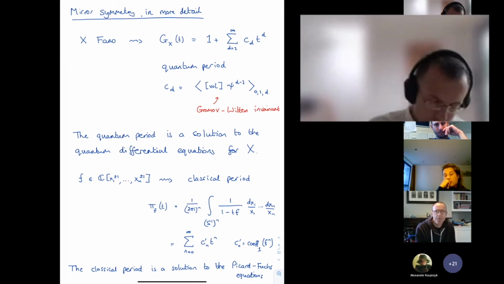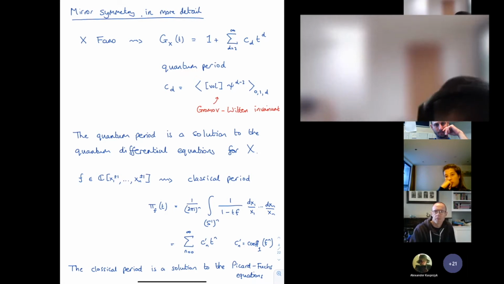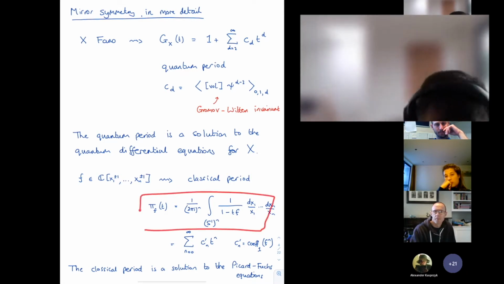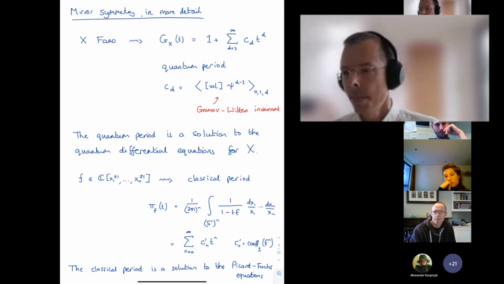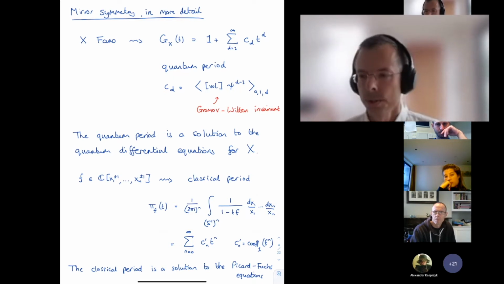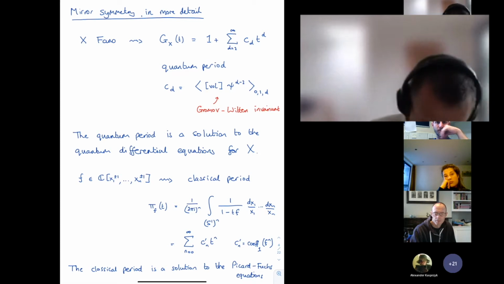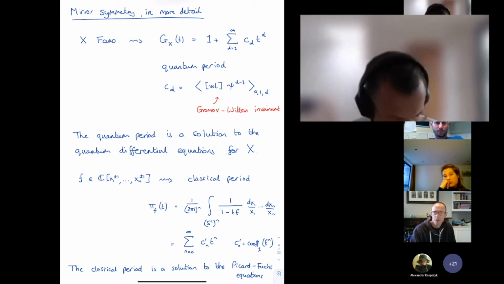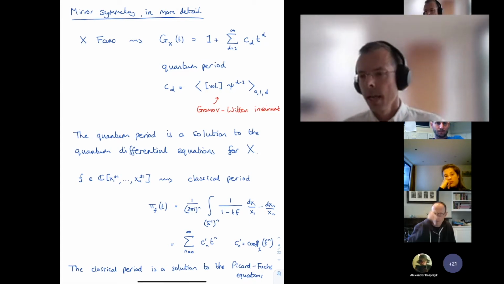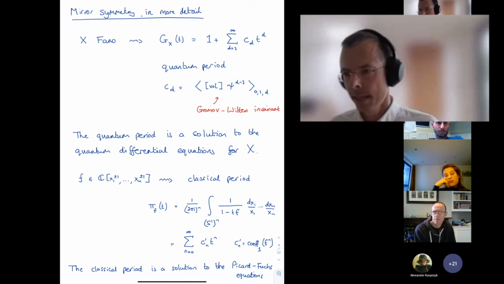But also, by general theory, this classical period satisfies a bunch of differential equations called the Picard-Fuchs equations. So f is a Laurent polynomial, right?